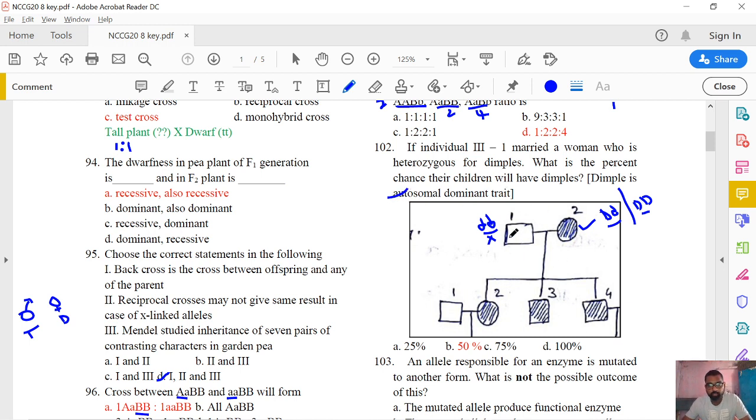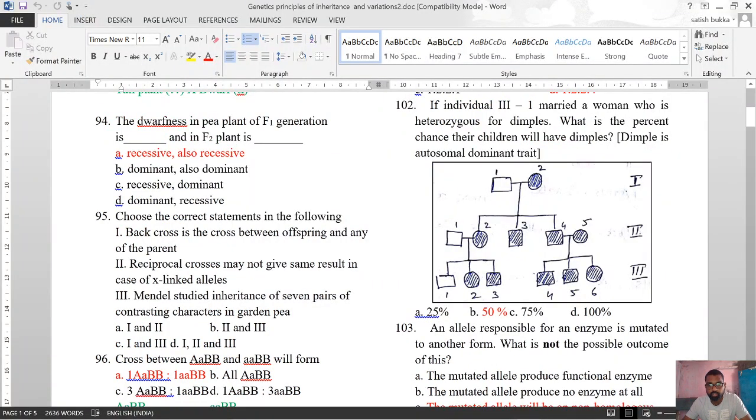So when you write the possibility, this is the only possibility. The other members in this family you cannot predict. Again, the possibility can be both. All these individuals can be homozygous dominant or maybe heterozygous. Definitely, the person who is not expressing the character will be homozygous recessive because it is an autosomal dominant character. So this is small d, this is small d, this one is also small d.